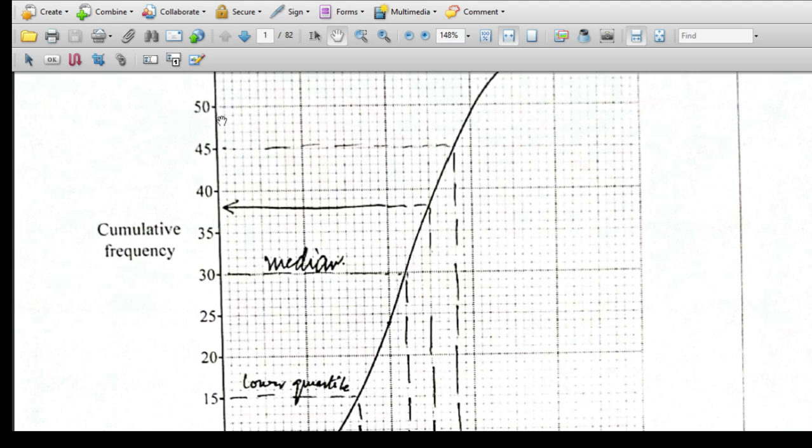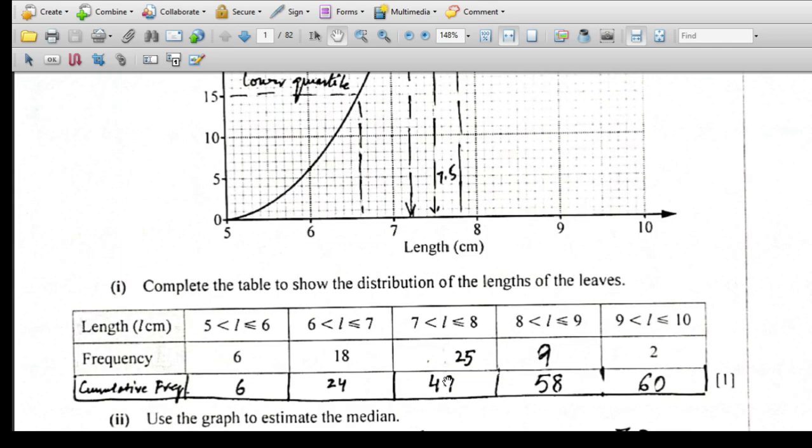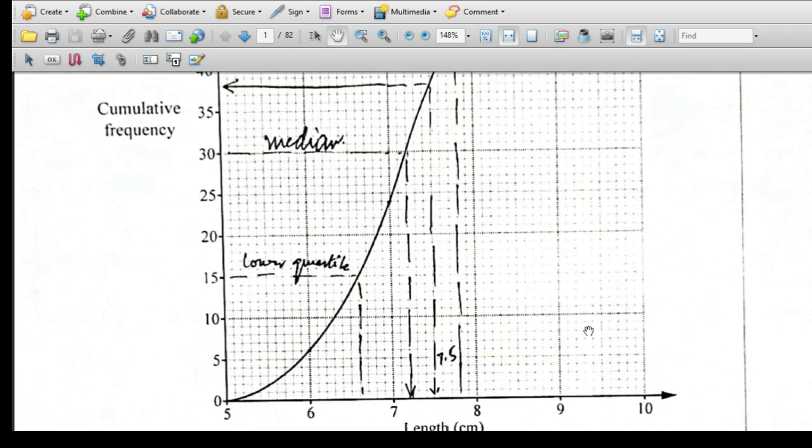At 8 the graph is crossing at 49, so we write 49 here. The difference between 24 and 49 is 25, so we place 25 here.